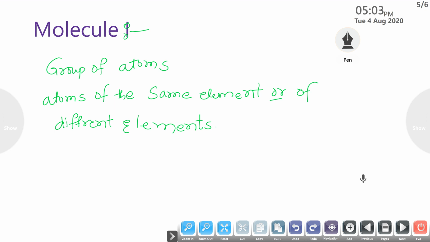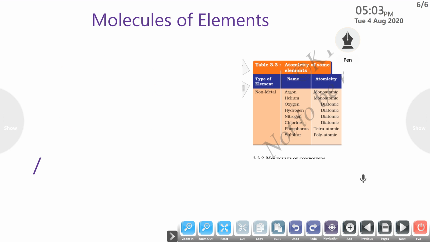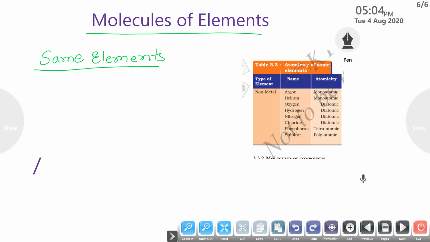Next we will observe molecules of elements. Molecules of elements are constituted of the same type of element, two or more of the same atoms.